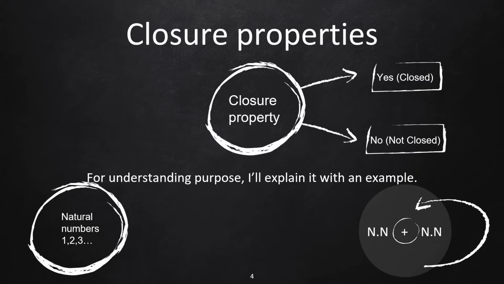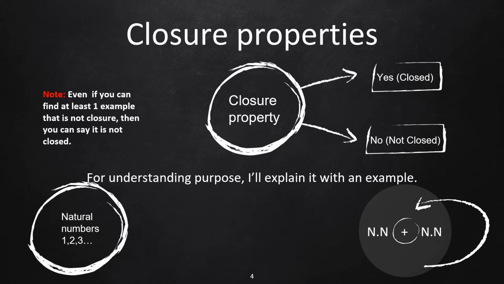If you perform division between these two natural numbers, the output may not necessarily be a natural number. Take an example like 3 and 5. Both 3 and 5 are natural numbers, but 3 divided by 5 or 5 divided by 3 is not a natural number. So natural numbers are closed under addition, but natural numbers are not closed under division.